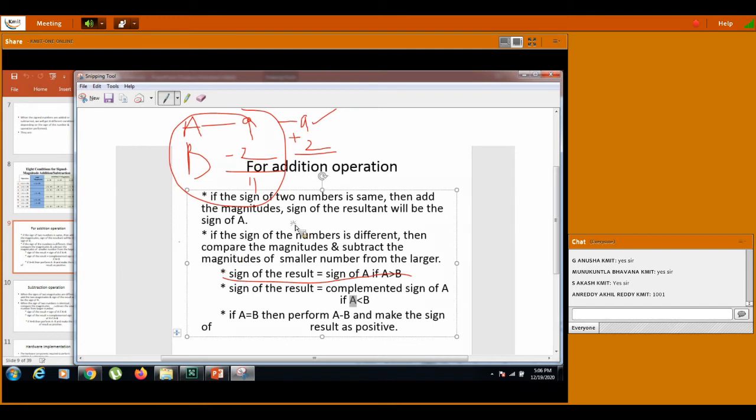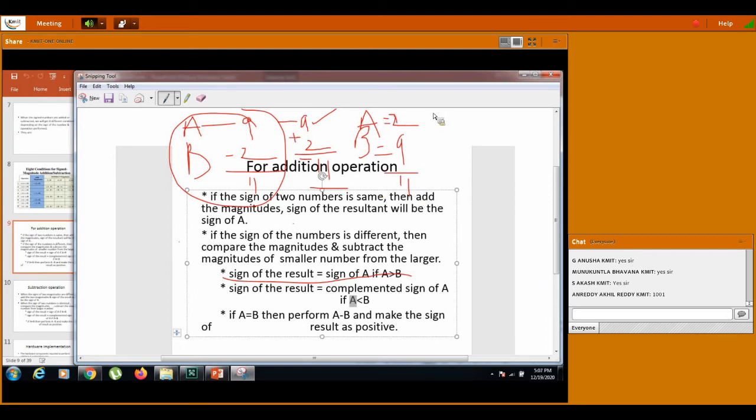Minus. So your answer will be minus only. But what happens if A is 2 and B is 9? Now your answer also will be positive only.